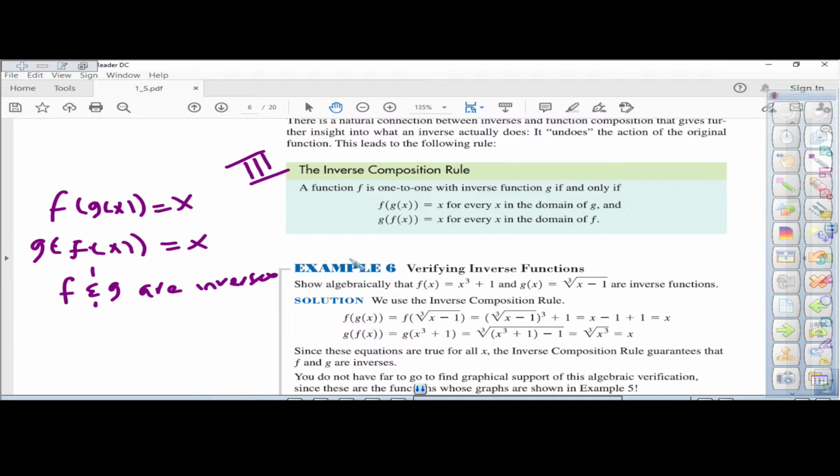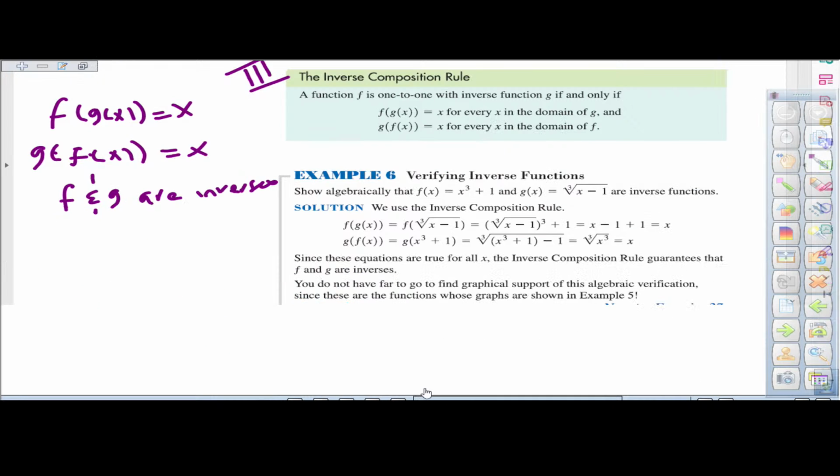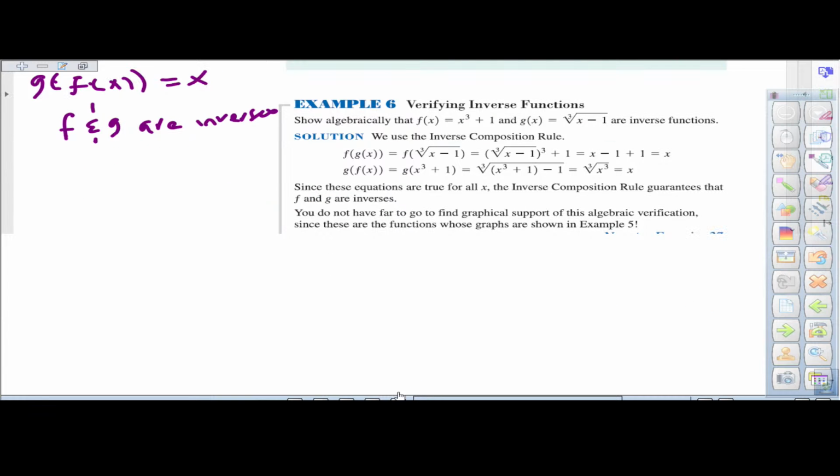So I'm going to start with a simple example.